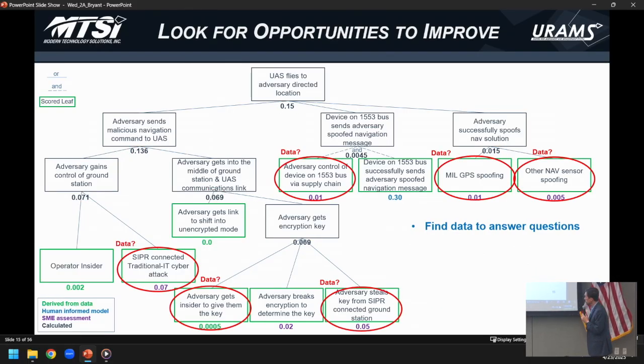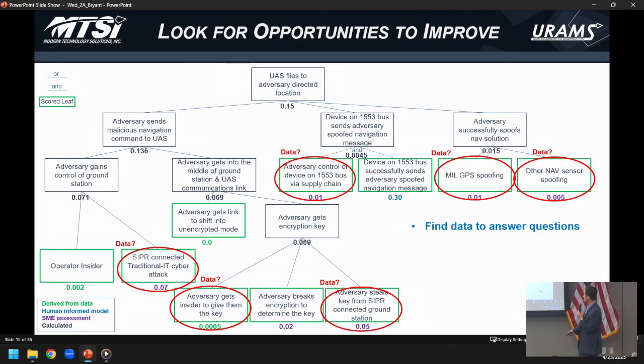But so we've got all these things. The next thing you can do is start looking for opportunities to improve your overall attack tree. So I started looking at the places where we did subject matter expert or human assessment. I said, well, do we have any data here? I'll bet we do.